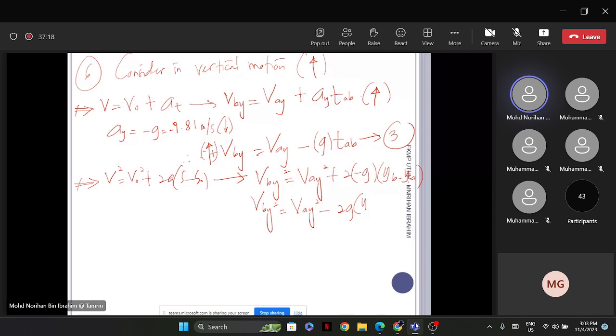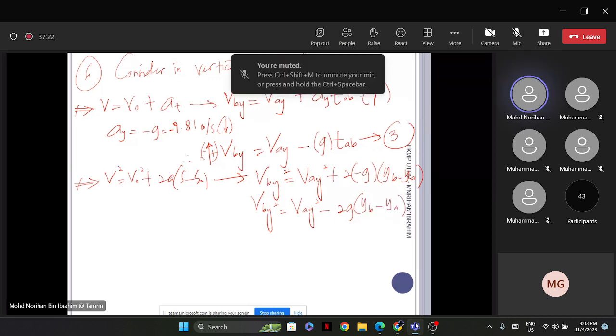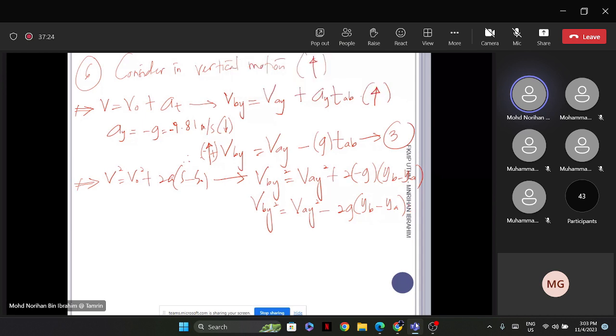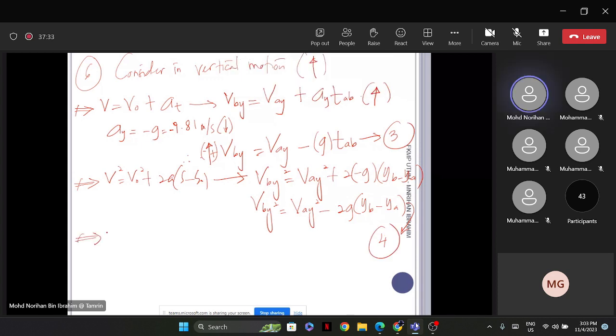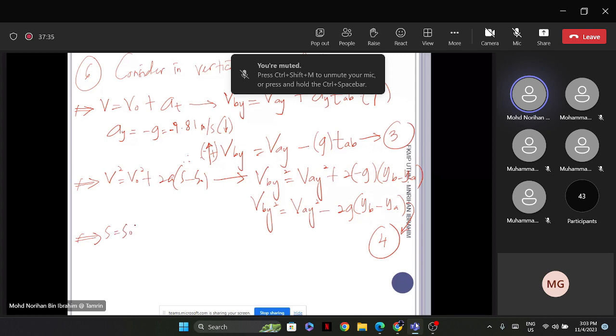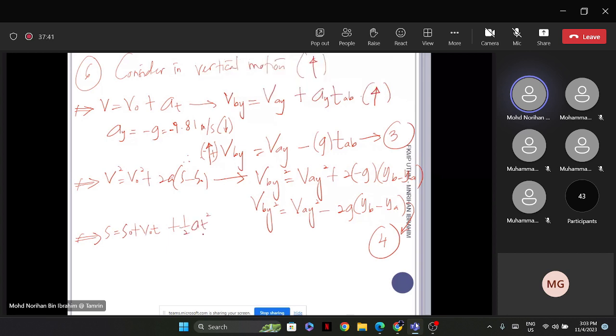So we got another equation. Let's consider this as equation 4. And the last equation is S equals S naught plus V naught T plus half AT squared.